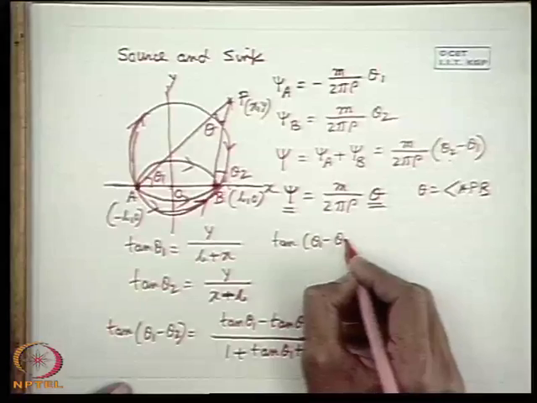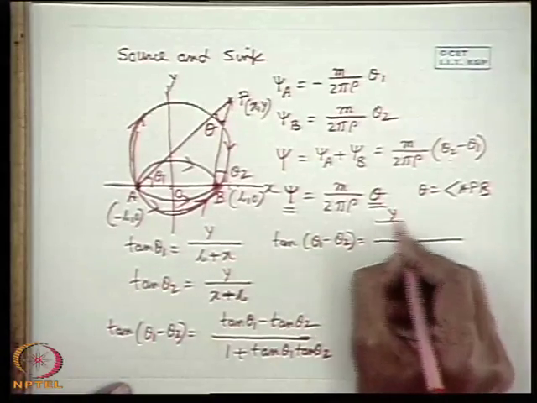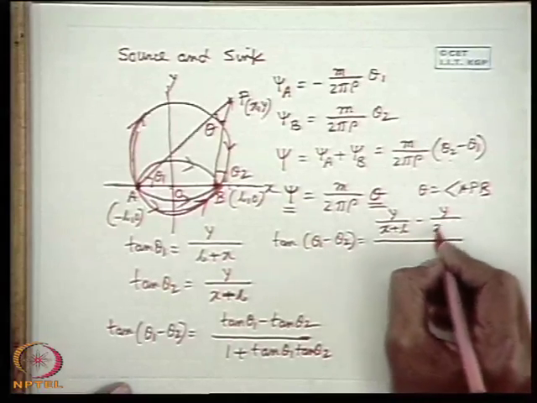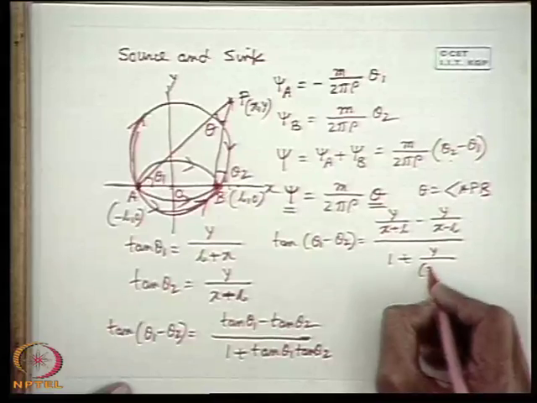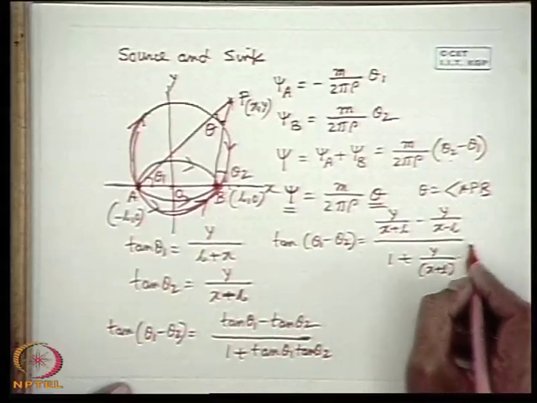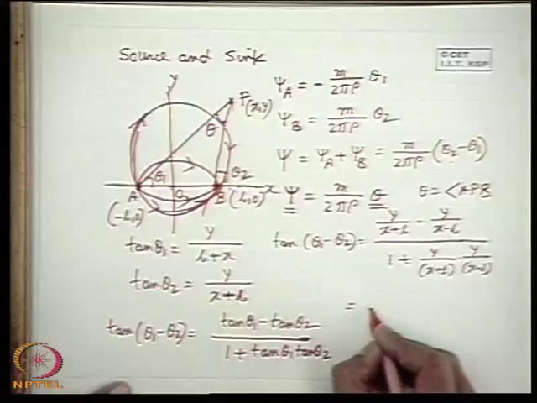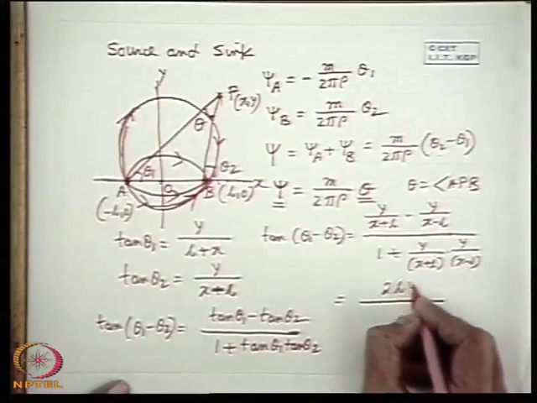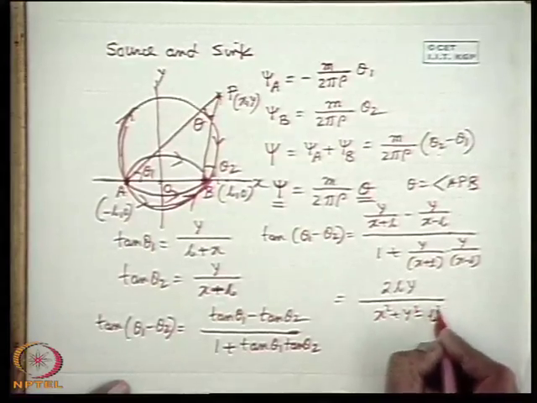If you replace this, we get y over x plus b minus y over x minus b, divided by 1 plus y over x plus b into y over x minus b. If you simplify it, it will come 2by divided by x square plus y square minus b square.